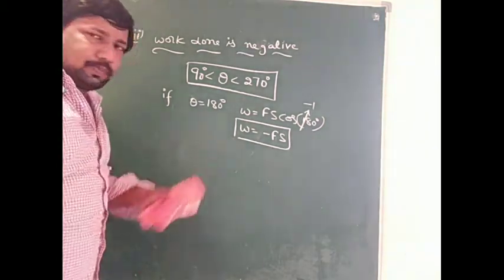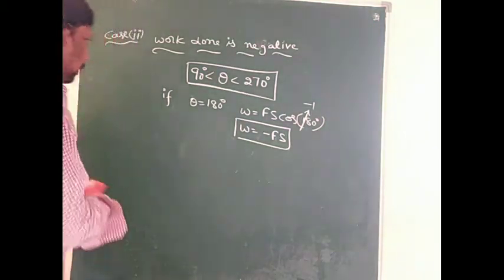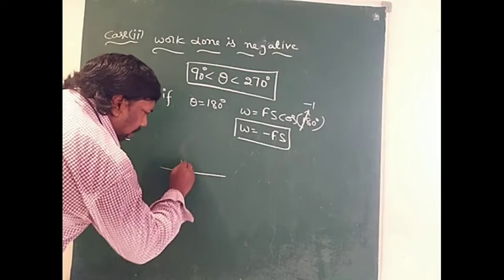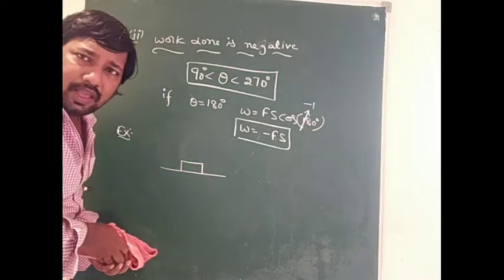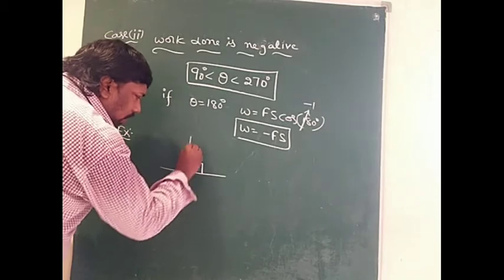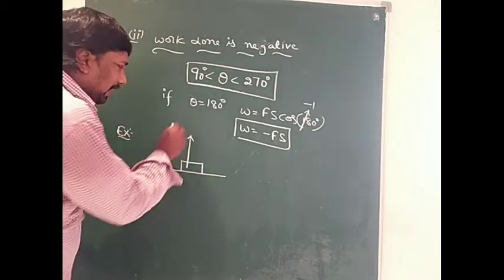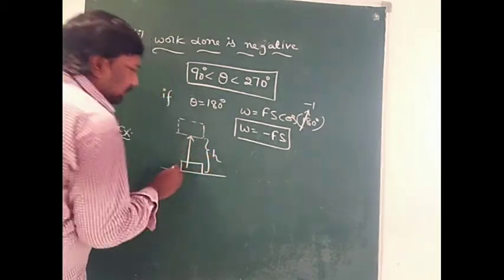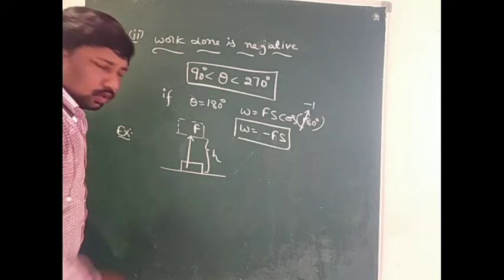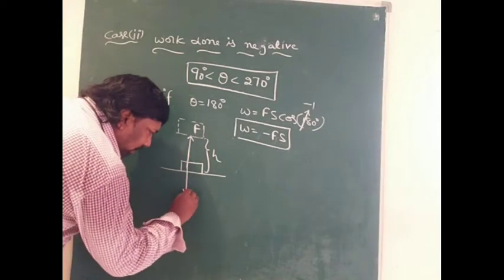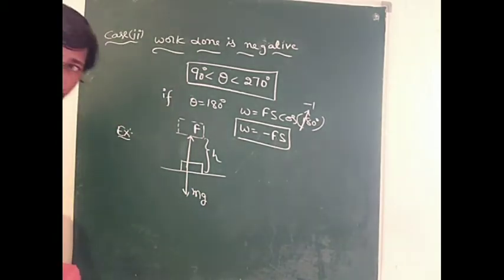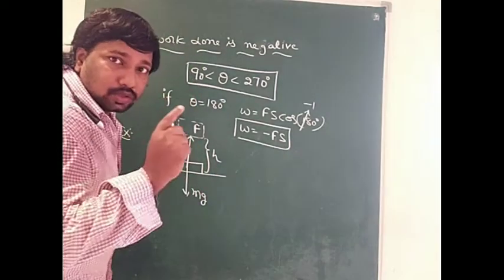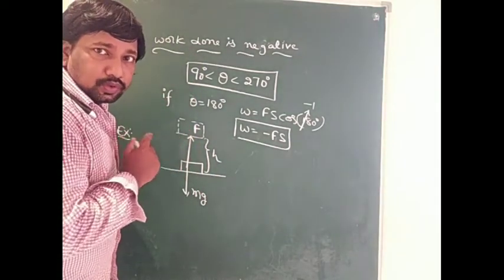We can explain an example of this case. A block lying on a horizontal floor is raised to a certain height by a lifting force. The gravitational force acts downward. Now consider the work done by the gravitational force, not only the lifting force: W = Fs cos 180.